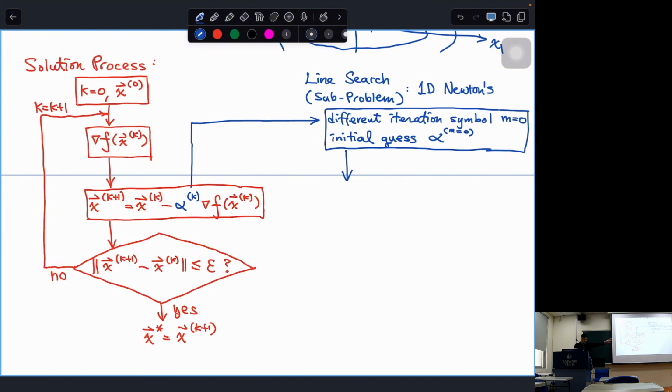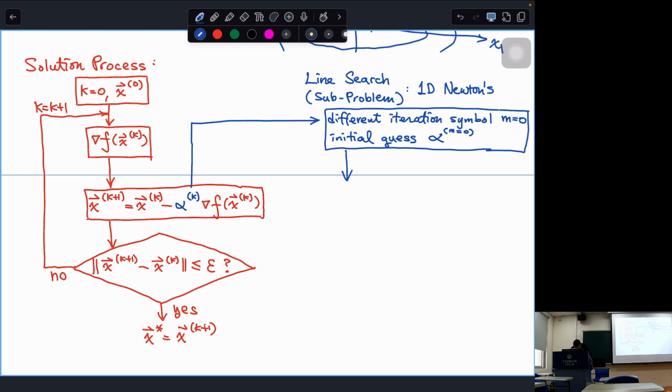Because in this subproblem, there is only one variable, alpha. And it's an unconstrained optimization. And I know Newton's method can very effectively find the solution. So the subproblem is a Newton. It's only one-dimensional. So I don't really need to do Hessian. It's only F double prime.